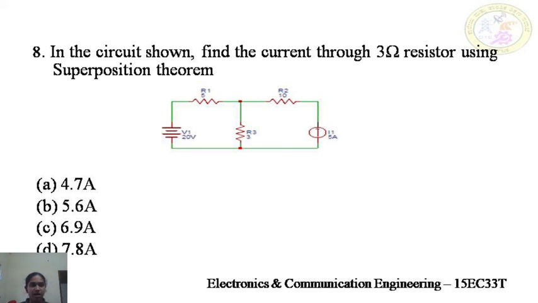Eighth question. In the circuit shown, find the current through the 3 ohm resistor using superposition theorem. Option A 4.7 ampere, option B 5.6 ampere, option C 6.9 ampere and option D 7.8 ampere.